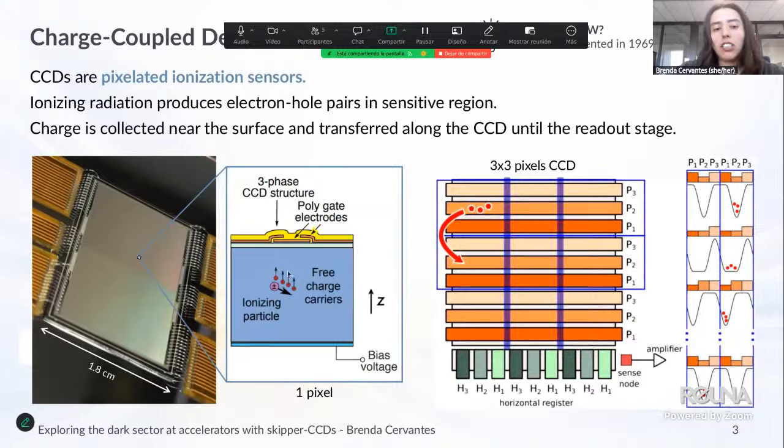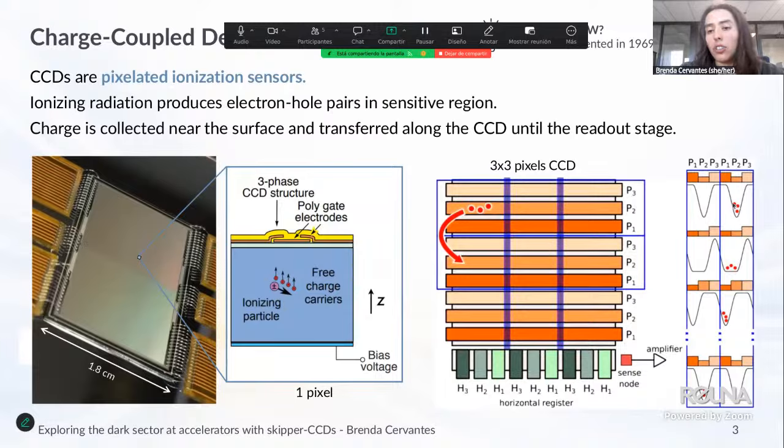These free charge carriers we collect near the surface of the device by applying a bias voltage. Then we have some structures at the surface of the device that are electrodes, and by applying different potentials to these electrodes, we are able to create potential wells like the ones shown here, where we can store the charge as long as we want and keep collecting free charge carriers if more particles interact.